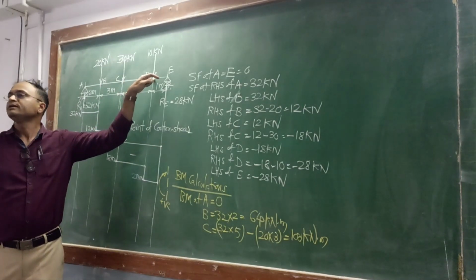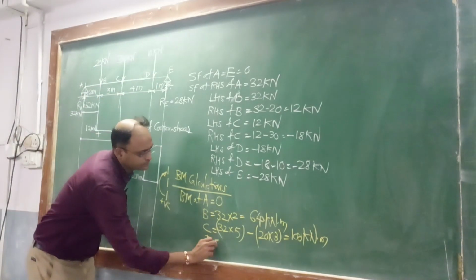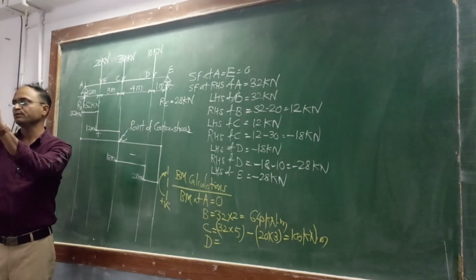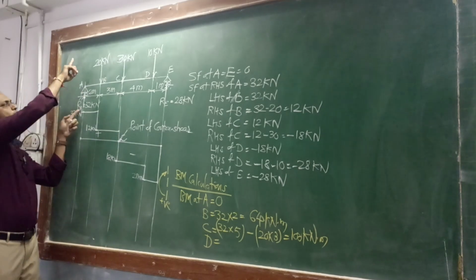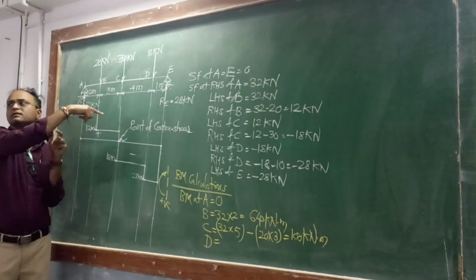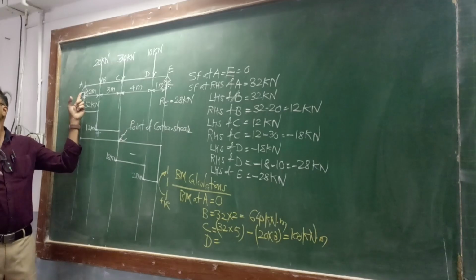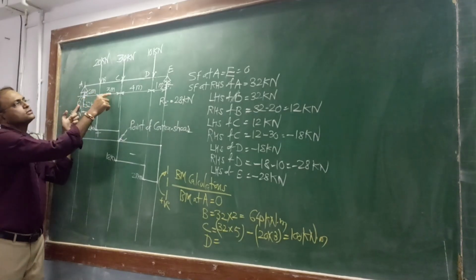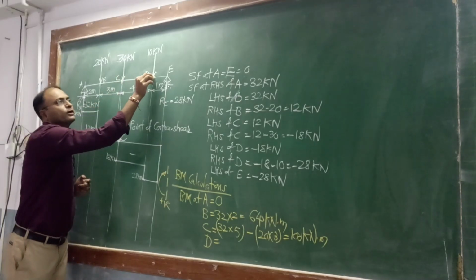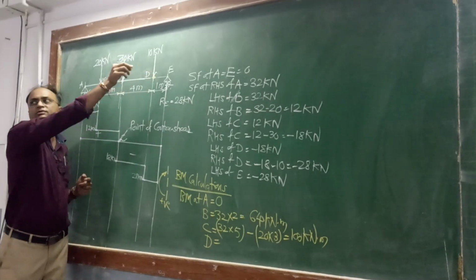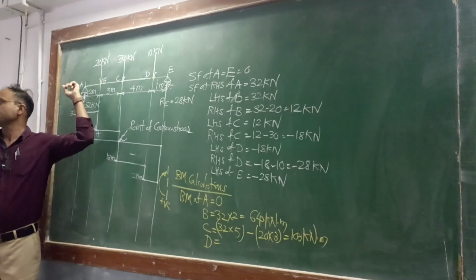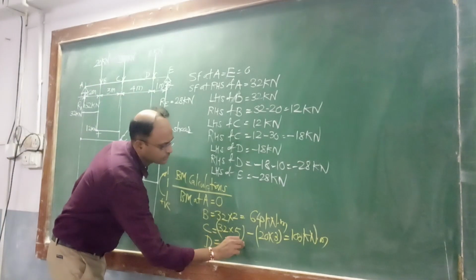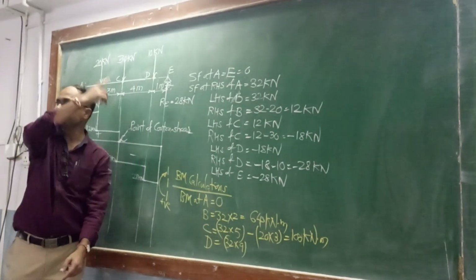Next is point D. Moment at D. Here there will now be 3 forces. Which 3? RA, 20, 30. So tell me now, all of you. 32 multiplied by 2 plus 3 plus 4, because we are taking moment at point D. That's why we have to take the distance between D and that force. So 32 multiplied by 9. This will be clockwise, right?